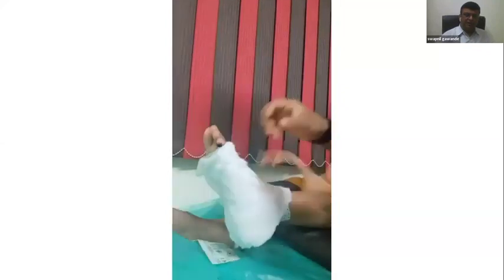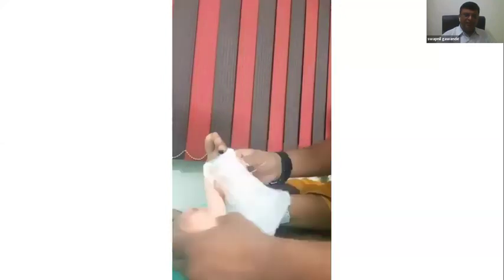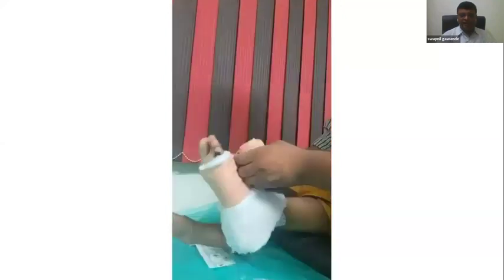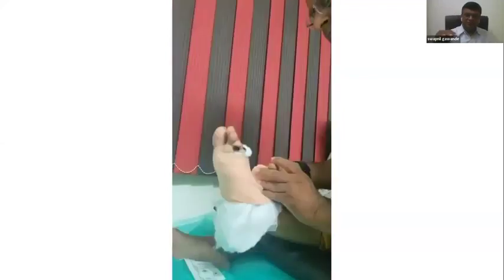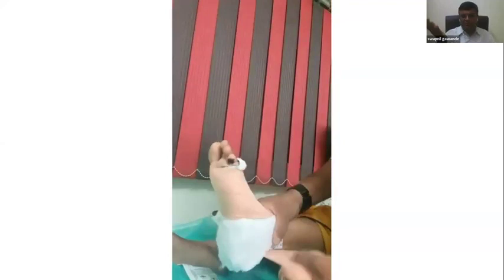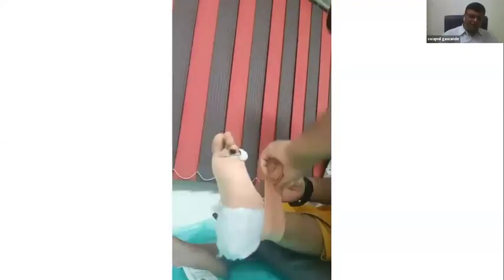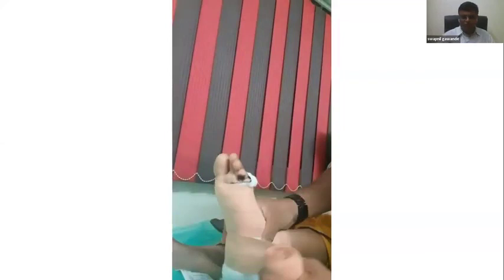Again, now you can see that I want to stabilize that particular fifth metatarsal, so I am tying the crepe bandage from medial to lateral, so that the pressure on the fifth metatarsal is not increased, and the metatarsal is given support from downwards and from laterally also.